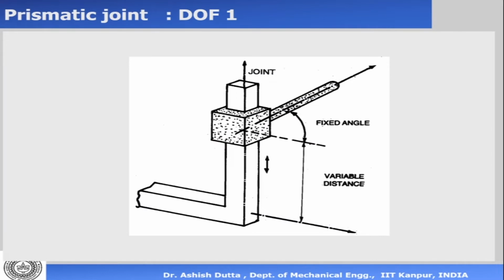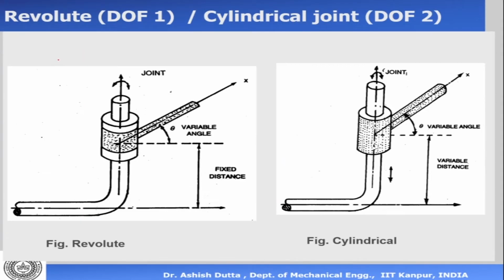We saw that we have a prismatic joint, which has a variable distance x, and it has 1 degree of freedom. Now this is a revolute joint, the one on the left side, which has a rotating degree of freedom, theta, and there is a stopper there, so it cannot move up and down.